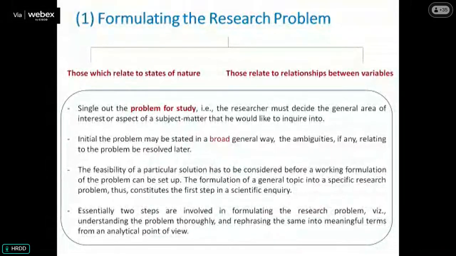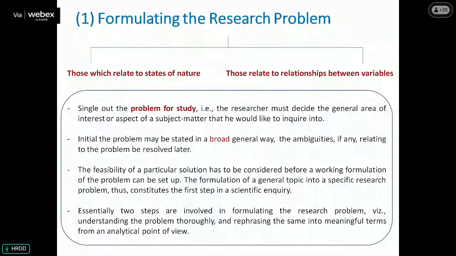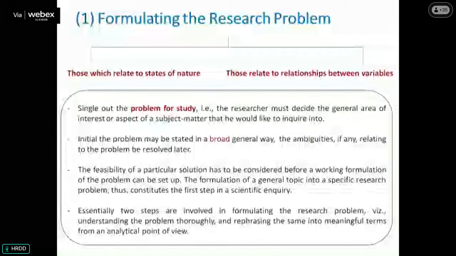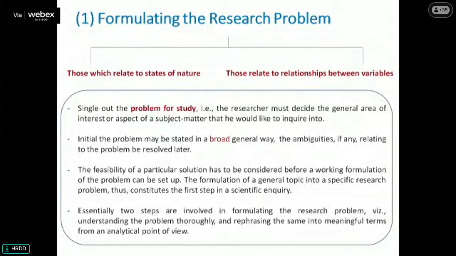Slowly, the ambiguities, if any, relating to the problem will be resolved later. You start with one sample, and then concentrate and focus related to that. It's not that you single out everything initially. In a broader sense, we will select an optimum area. The feasibility of a particular solution has to be considered before working on the formulation of the problem. So feasibility is very important.